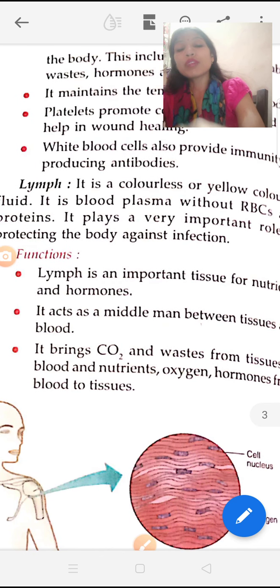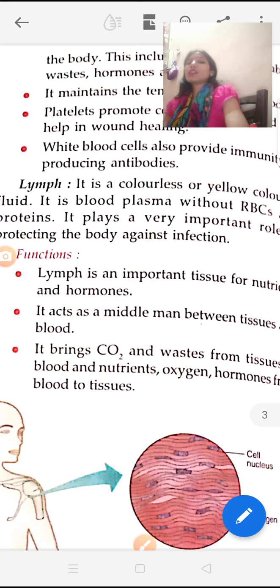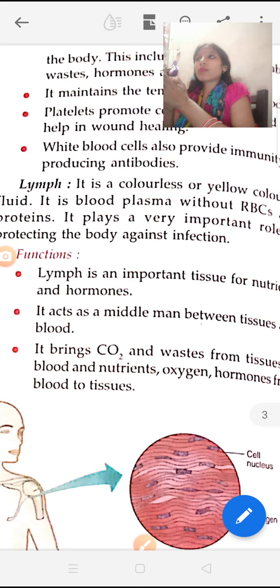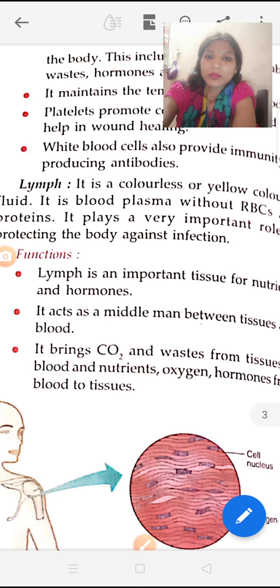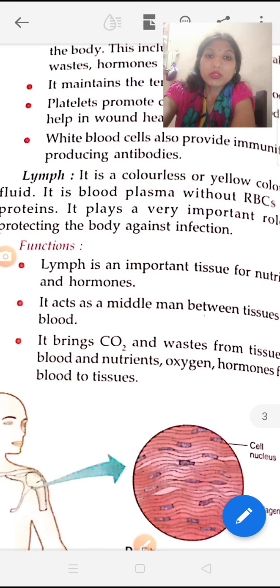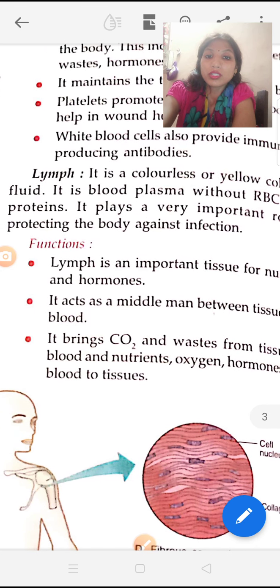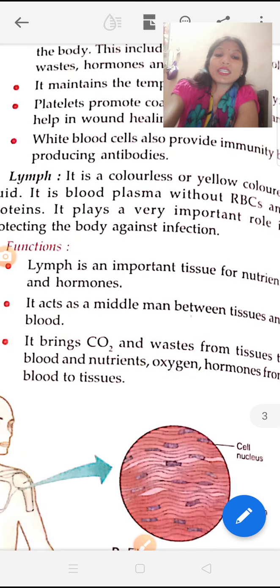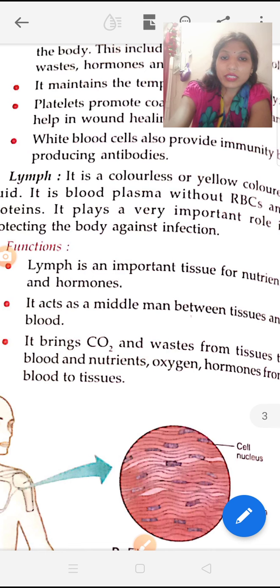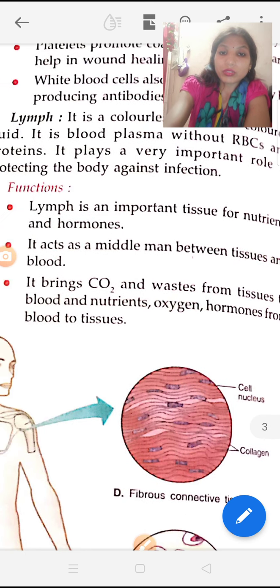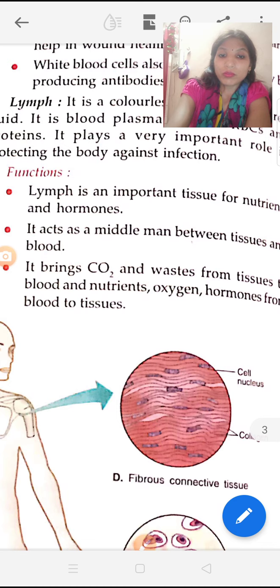It also acts as the middleman between the tissues and the cells as well as the organs, right? And it also has an important role in protecting the body against infection as well. So again the function is there. I'll again tell you that the functions you need to study from a book.